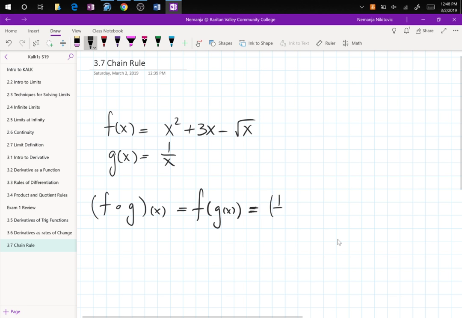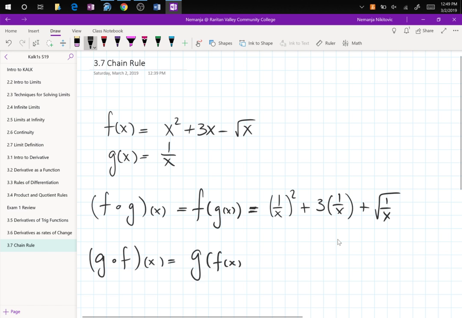So it becomes 1 over x squared plus 3 times 1 over x minus the square root of 1 over x. Or g composed with f of x, which is g of f of x, which is 1 over x squared plus 3x minus square root of x. Oh, it's supposed to be a minus over here. Oops.